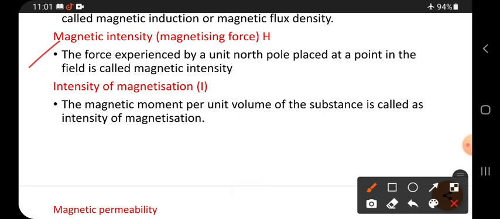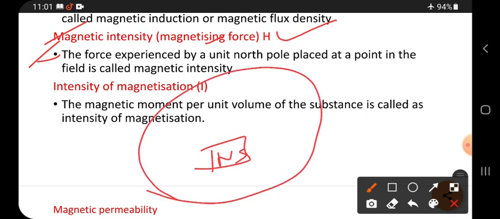Magnetic intensity or magnetizing force. What is magnetic intensity or magnetizing force? The force experienced by a unit north pole placed at a point in the field is called magnetic intensity. Suppose there is a magnet with a north pole and a south pole. Around it, up to a certain region, a field exists.